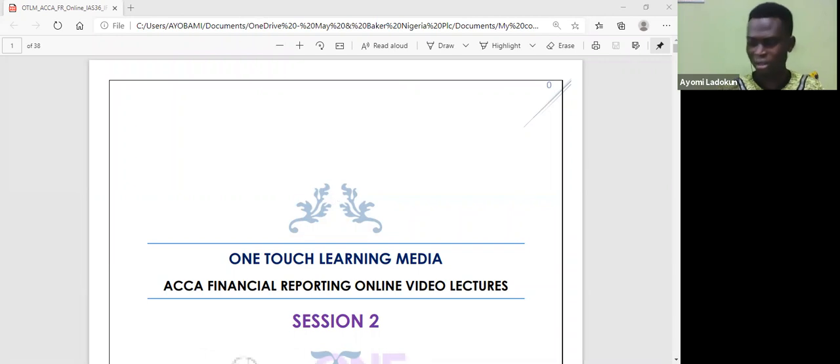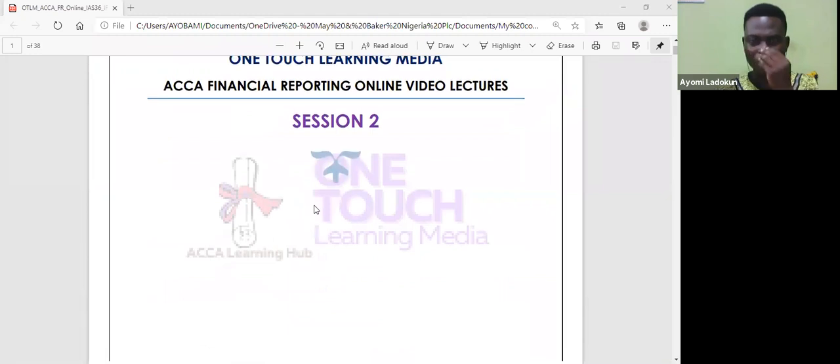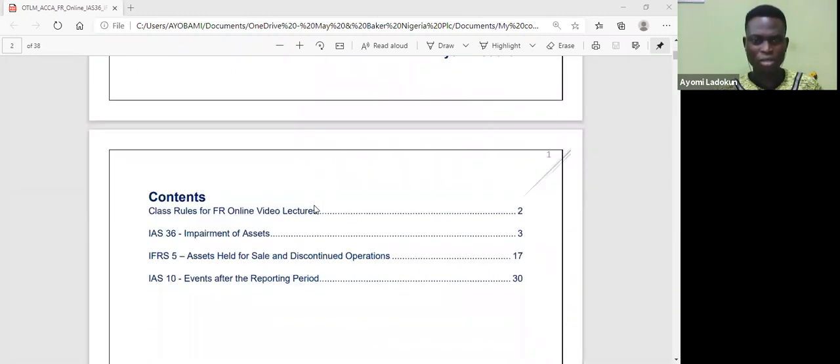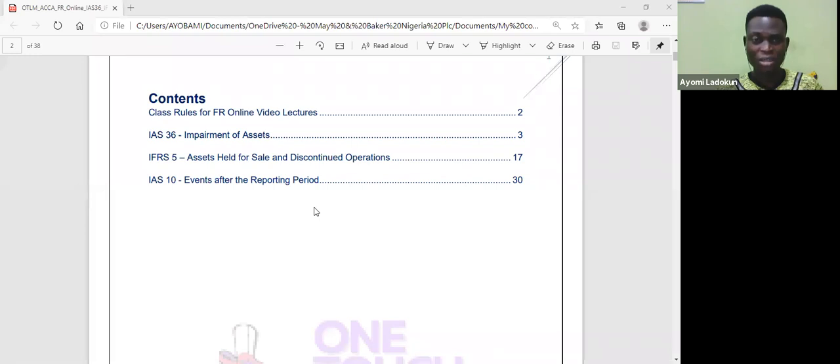So we're going to start straight away because we don't really have much time on our side. The last time we met, we talked about the IASB conceptual framework, and we also laid some foundation into what financial reporting is all about. We are going to take it from there and see if we can cover at least 2 standards before our time expires today.